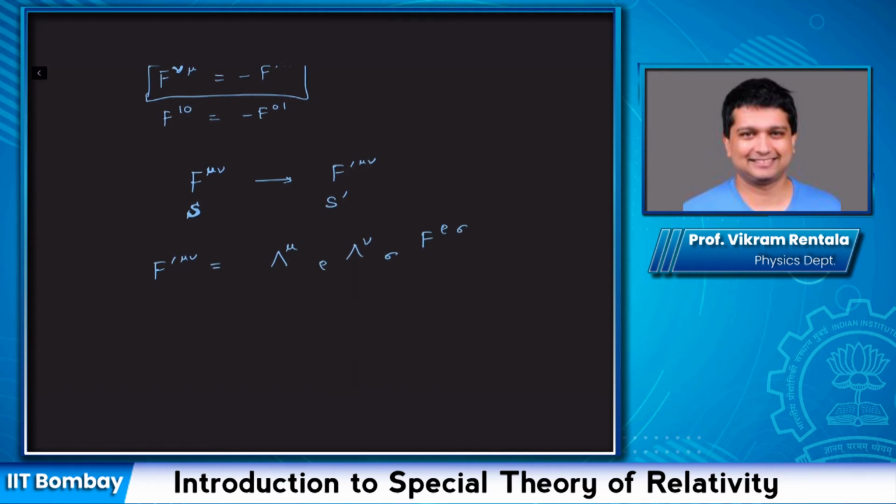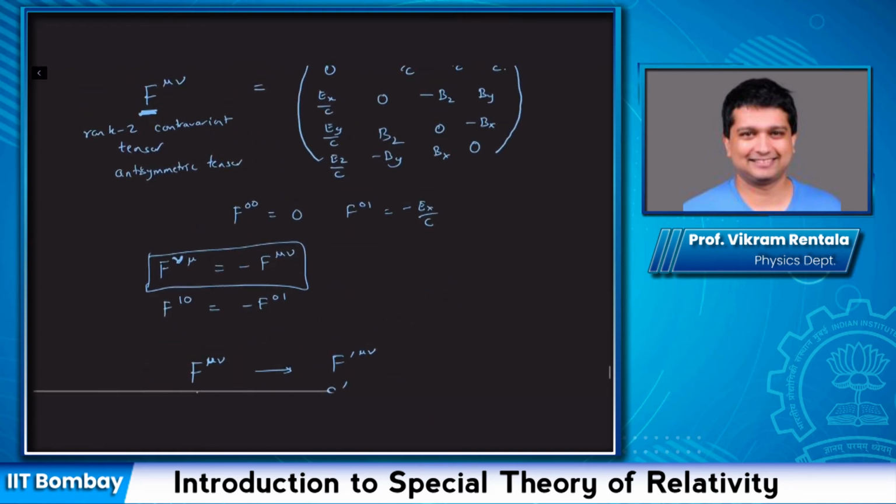Okay, or in matrix notation, the matrix F prime would be lambda F lambda transpose.